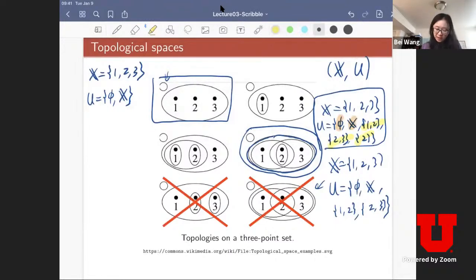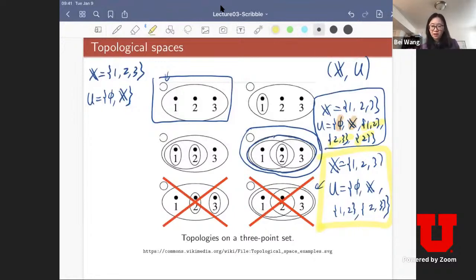But now let's look at this example in my yellow box. This is an example where it's not a topological space. Can someone tell me which part of the condition is violated, given the space X as a set, and then the set of subsets U?